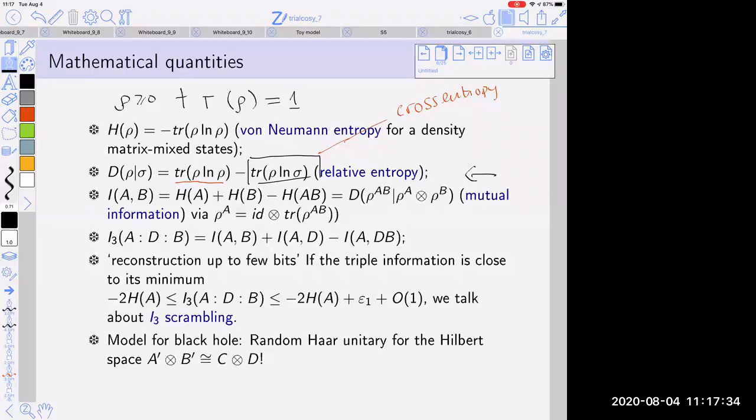This has a lot of symmetry properties, and that's why they call it I3. The rule is that if I3 is very negative, as it could be, then they call that phenomenon scrambling. So this is how we want to measure whether Bob has a successful strategy to recover Alice's secret.